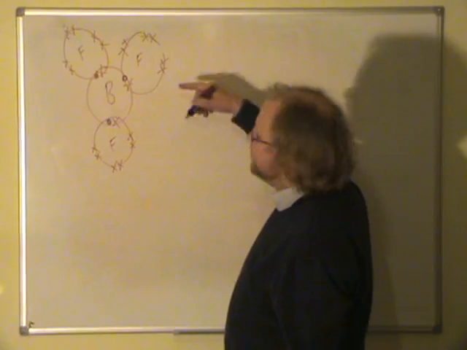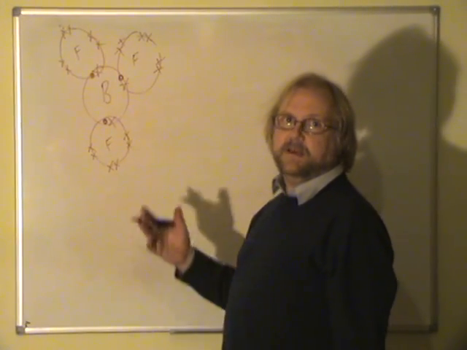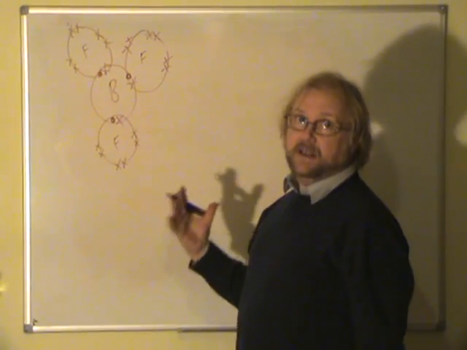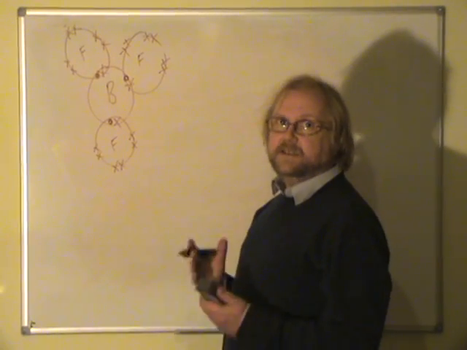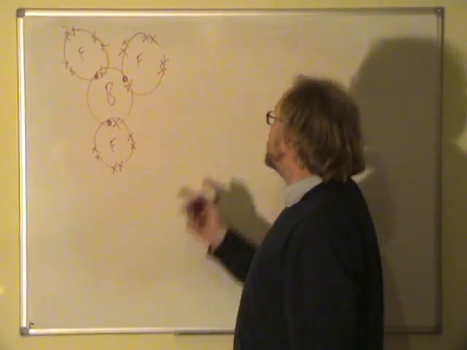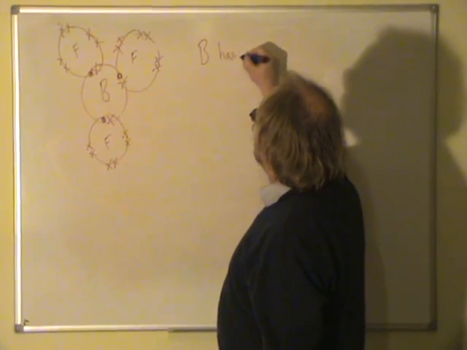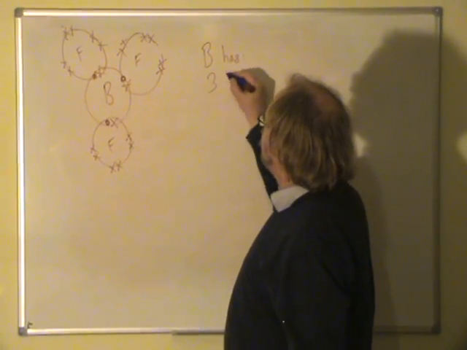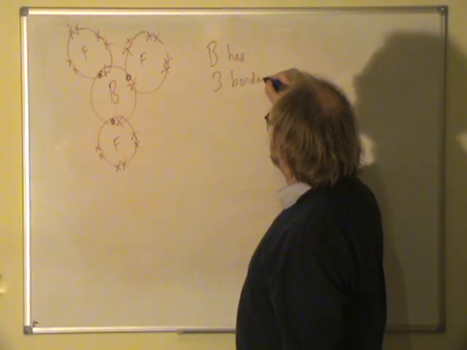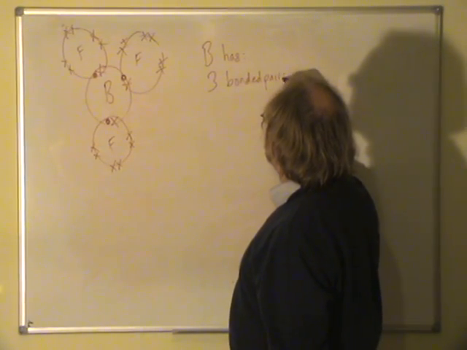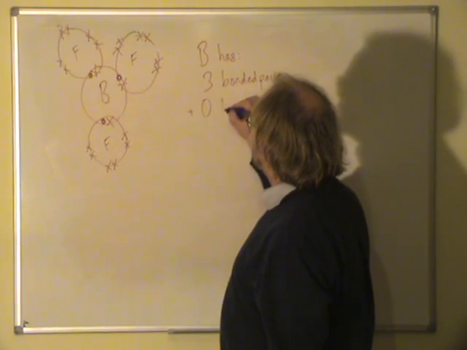And generally, whenever you have to justify a shape, if you make some kind of statement along the lines of what we're going to do now, that's a good way to encapsulate the important ideas. So what we can say is that boron has, well, what does it have? It has 3 bonded pairs, and it has no lone pairs.